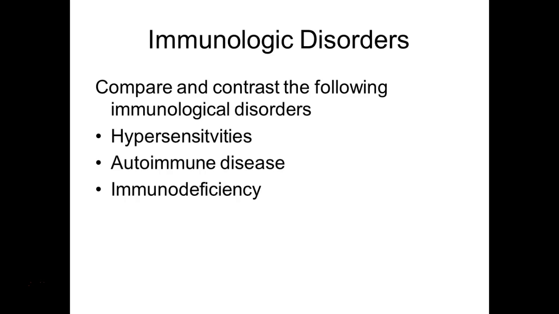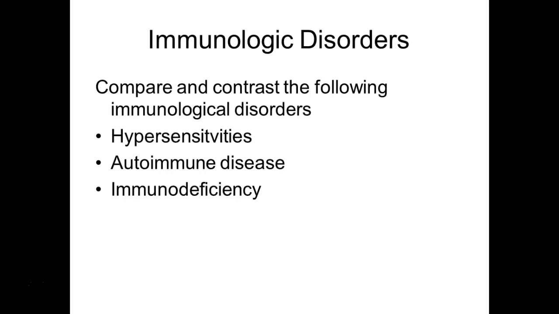So there's two levels of it. You can acquire a deficiency, especially with HIV. We know that can cause your immune system to be deficient. Or you can be born genetically deficient. Is HIV the only way that you could acquire an immunodeficiency?